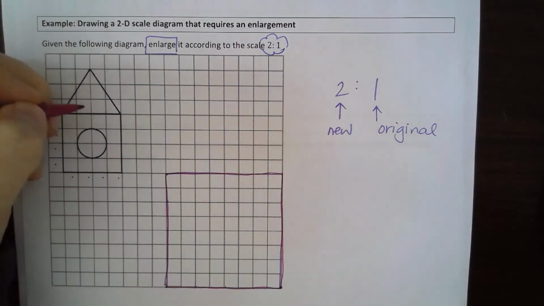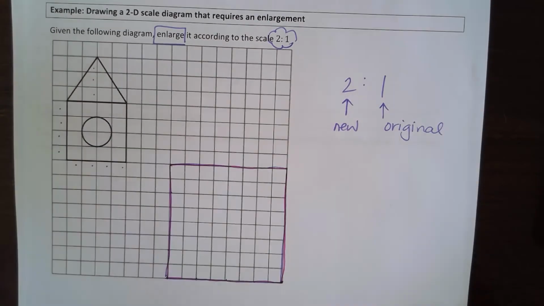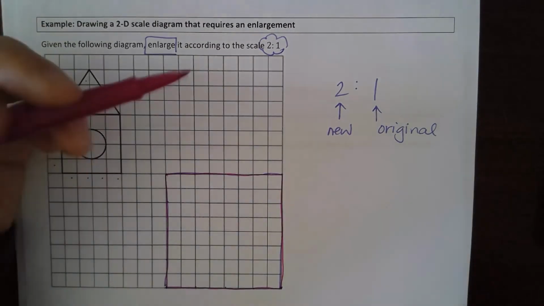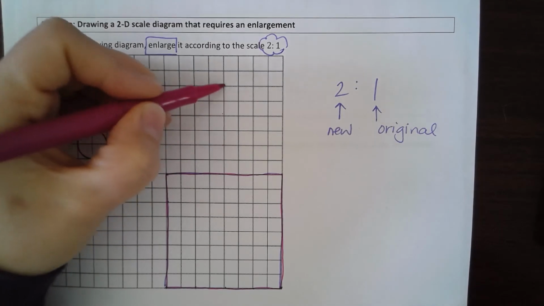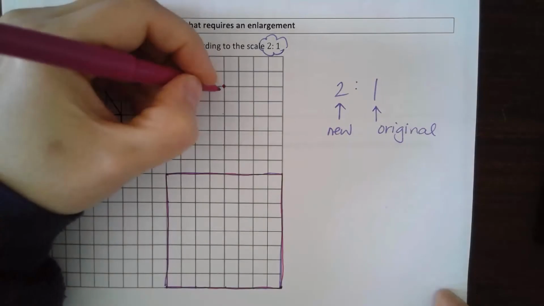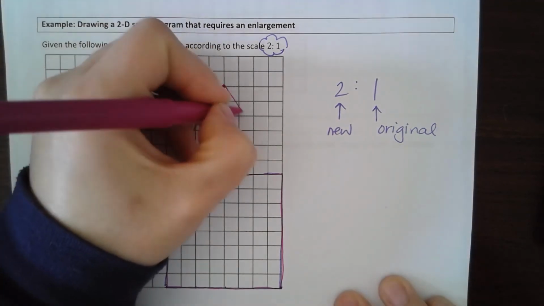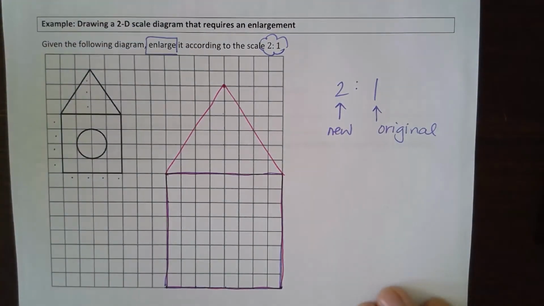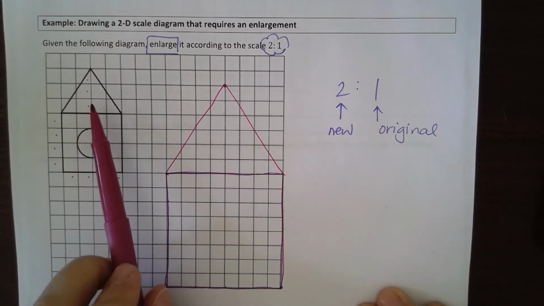If I look at my triangle, it has a height of 3. So on my new picture, it's going to have a height of 6. So 1, 2, 3, 4, 5, 6. Okay. Yeah, that's halfway between the length of my square. So I'm going to carefully try to draw a triangle. So this triangle has dimensions that are 2 times bigger than that triangle.